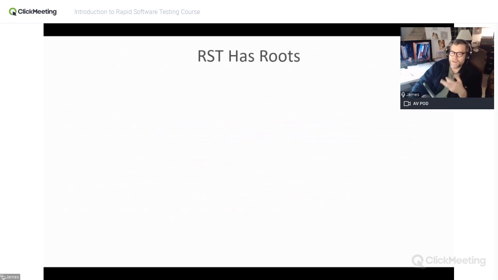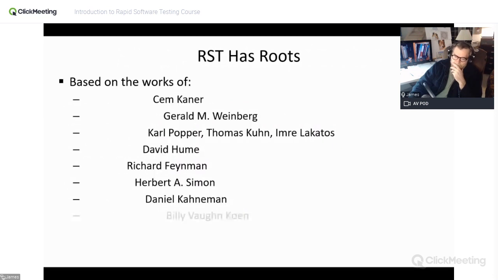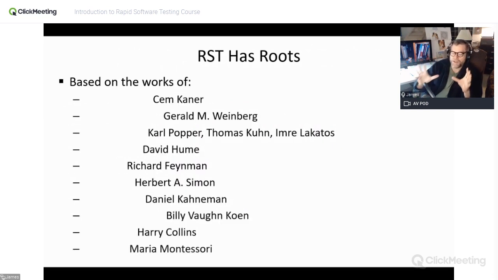Now, my methodology has roots, and the roots lie mainly in these people. If I had to put on one page the people who've influenced the RST the most, it would be these people: Kem Kainer, Gerald Weinberg, David Hume, Richard Feynman. You probably aren't familiar with most of these people because most of them aren't testers.